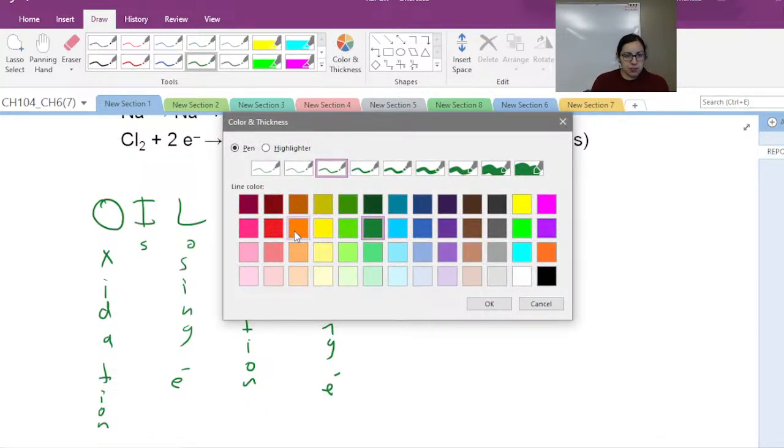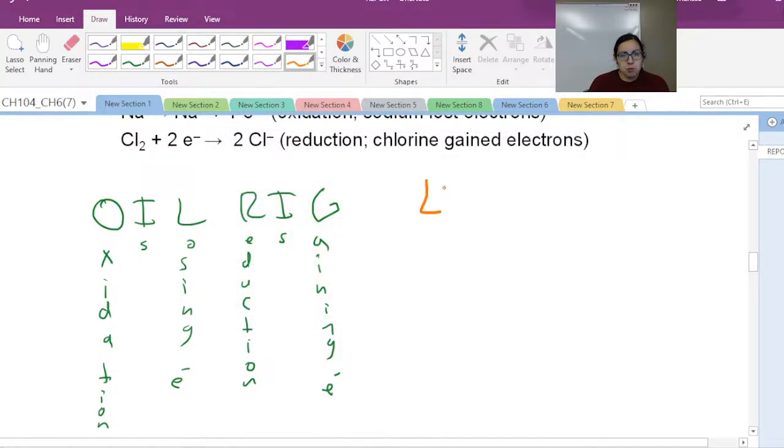And if you're just not a big fan of the oil industry or want something else, I have another one. We have LEO goes GER. It depends what your favorite fuzzy big cat would be. I used to work somewhere where they were the leopards, so it was Leo the leopard goes GER, but you can change it to lion.